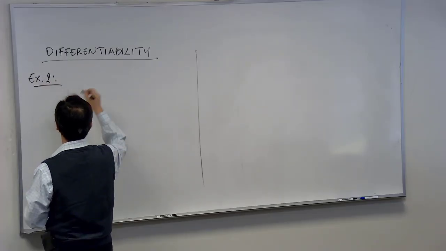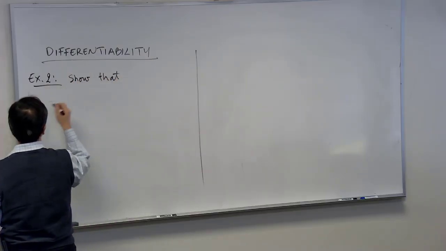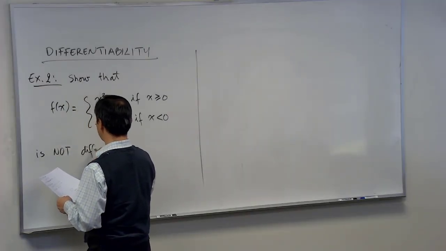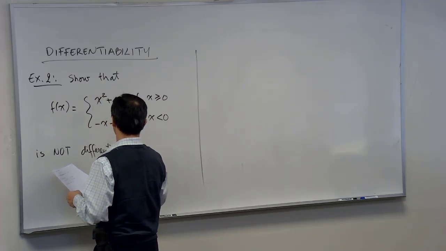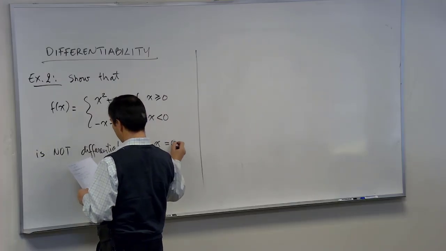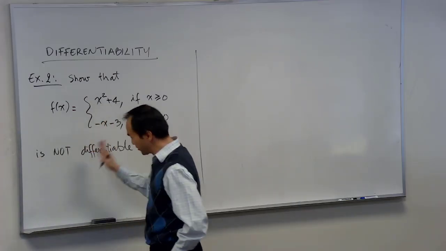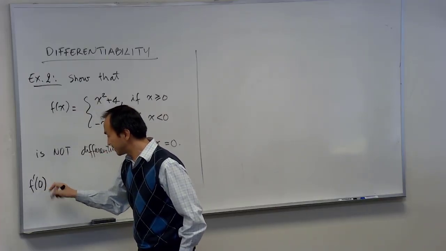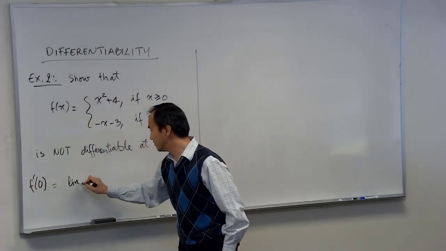Once again, we want to show that the function is not differentiable. For this function, showing differentiable or non-differentiable is all about starting with the derivative we desire at x equals 0, which has to be set up as a limit formula.